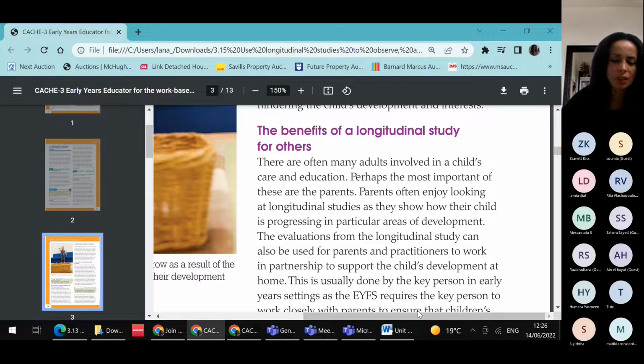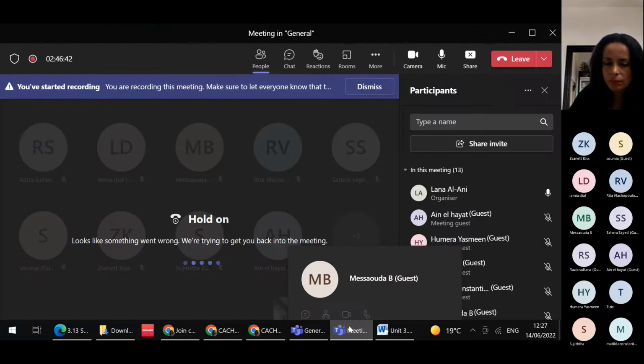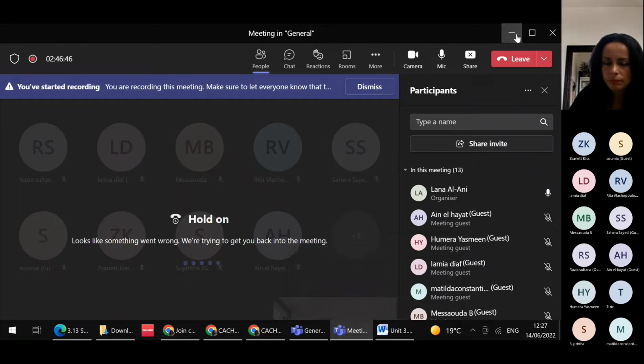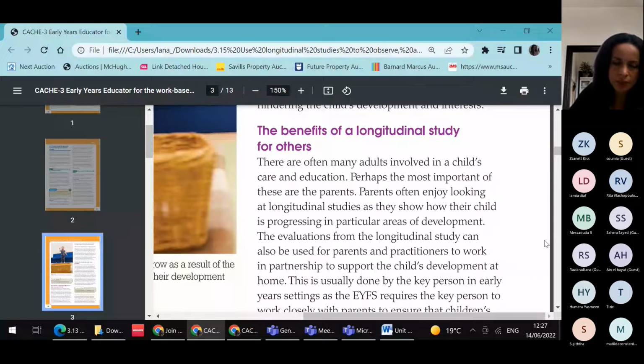Also, the longitudinal study can help the parents and practitioners to work together in partnership. So it's not only helping each person individually, but it helps us as practitioners to work actively with the parents and to monitor the child's development.